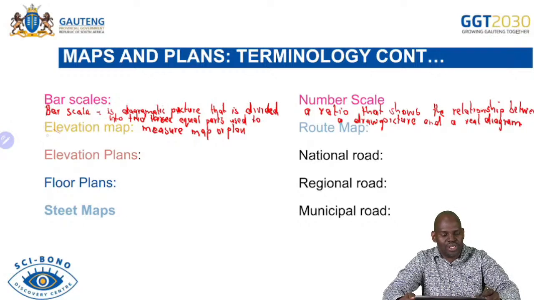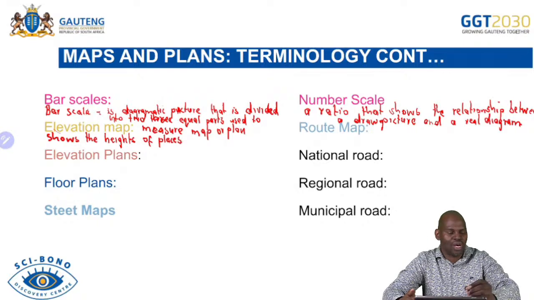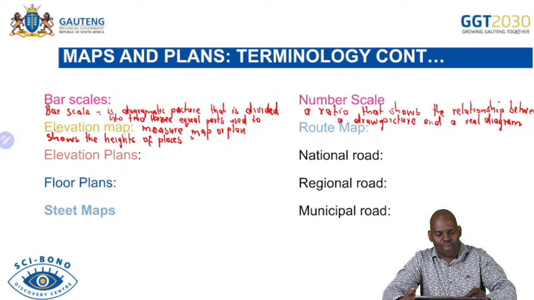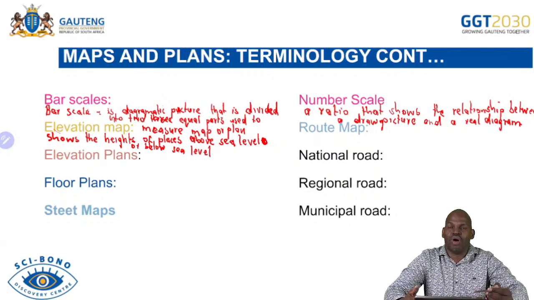It is a map that shows the height of places above sea level or below sea level. That is an elevation map.